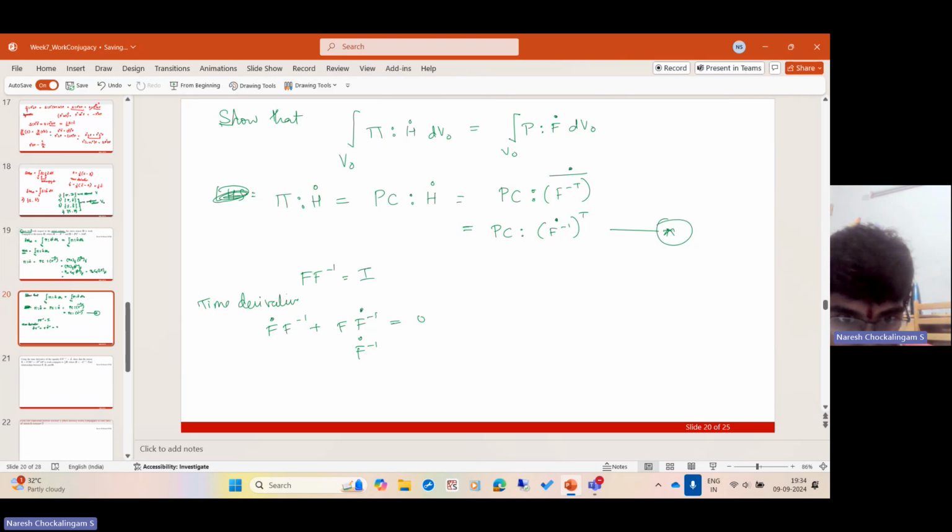So F inverse dot is equal to minus F inverse F dot F inverse. But what we have here is a transpose of the same thing, so transpose everything.